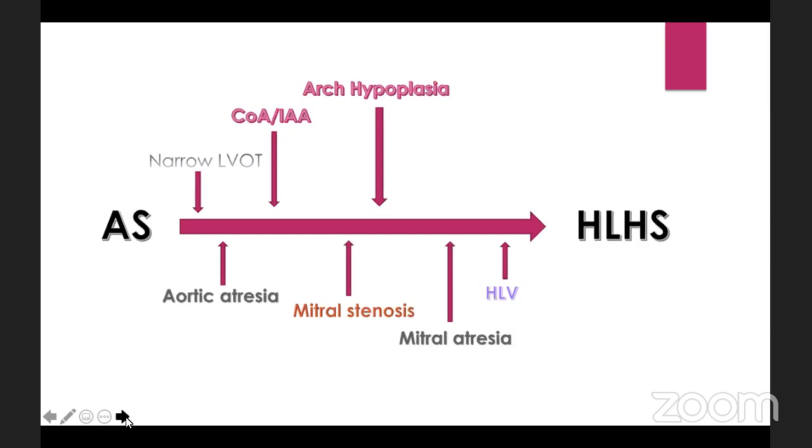And if you keep adding elements that could be possibly associated with the fetal in utero development of the heart and great vessels, you can end up with a narrow LVOT on top of that, an arch underdevelopment, a mitral valve stenosis or atresia, and subsequently hypoplastic left ventricle, and you end up with the full-blown syndrome of hypoplastic left heart syndrome.